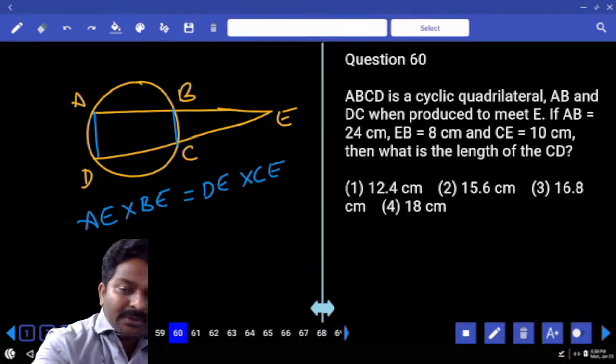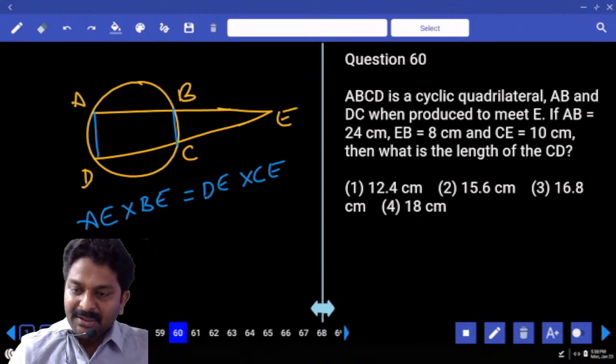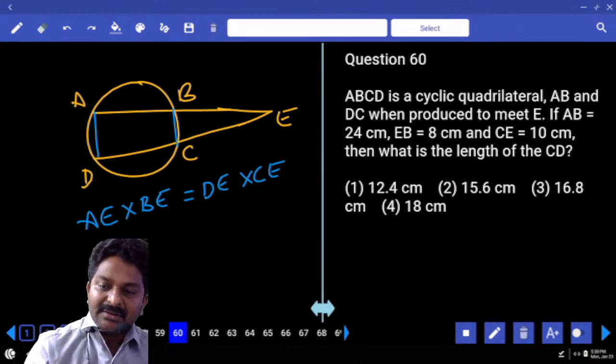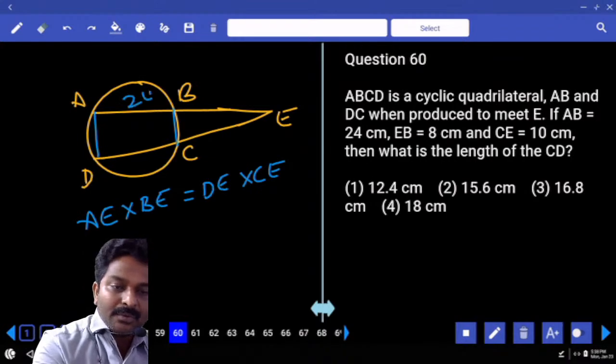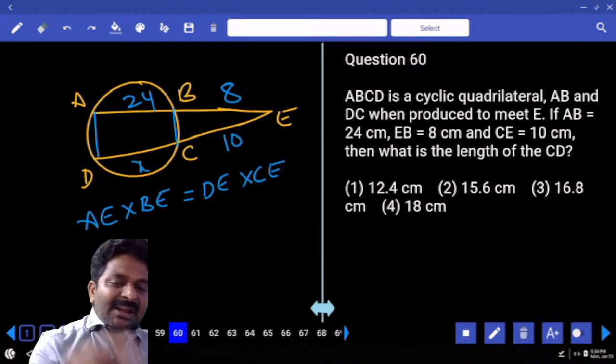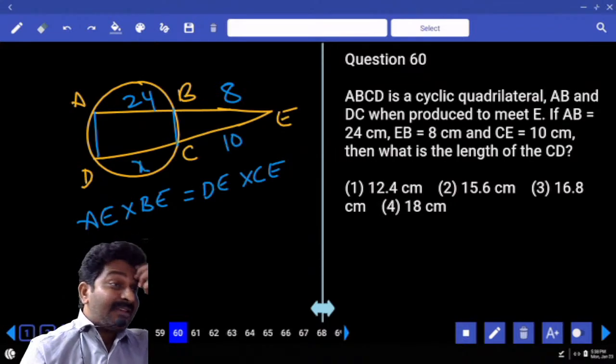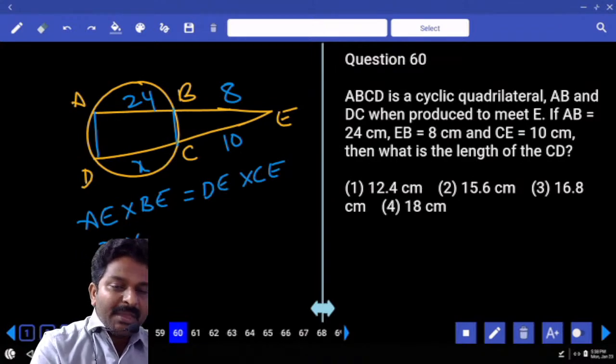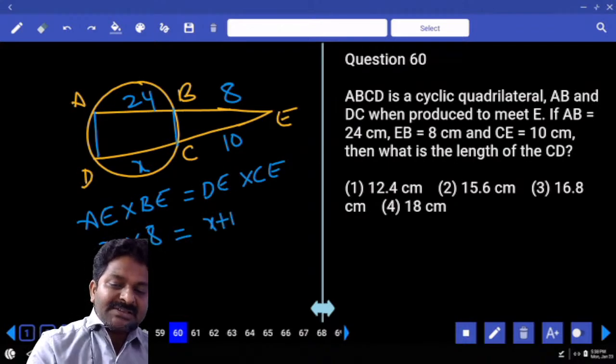So now, out of these values, AB is 24, BE is 8, CE is 10, CD let it be X. What is AE? A to B and then B to E, 32, BE 8, DE X plus 10, CE 10.